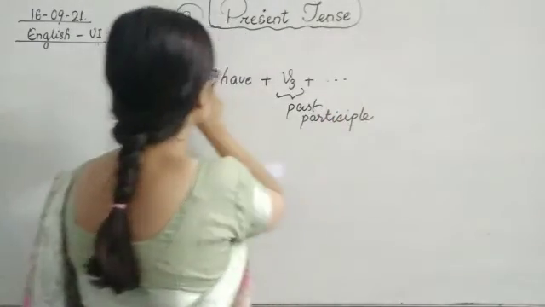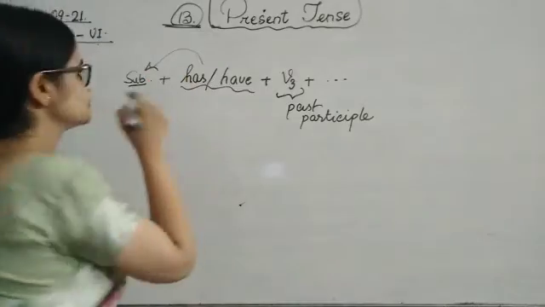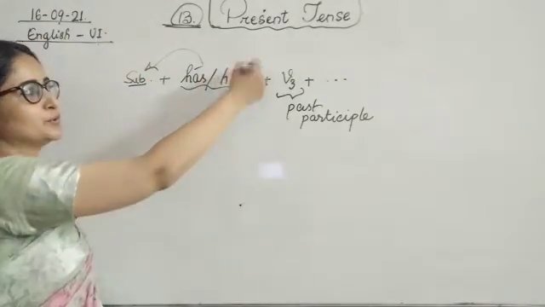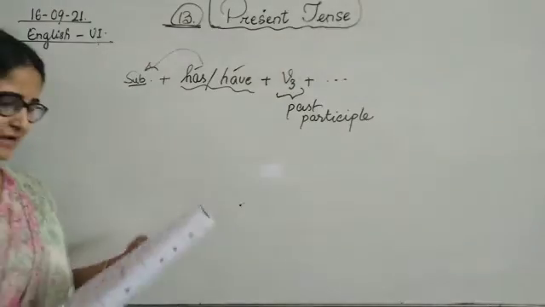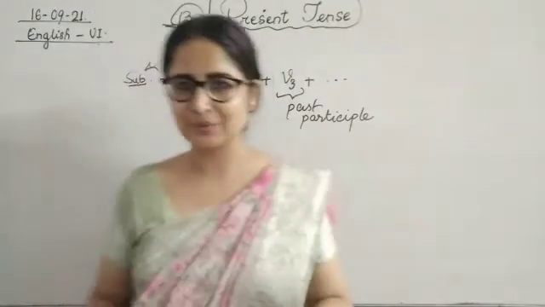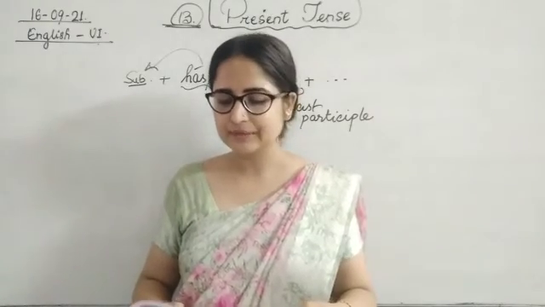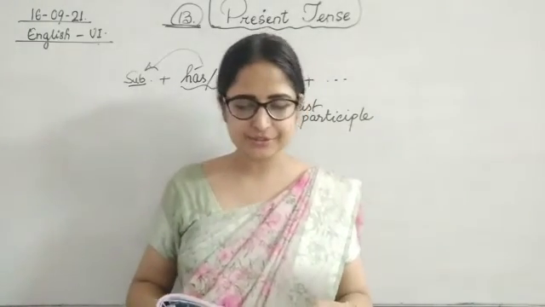And we are going to use has or have according to the subject. If we have a singular subject, we use has. If we have a plural subject, we use have. And you and I always take have and not has. She has eaten the apple. They have posted the letters.